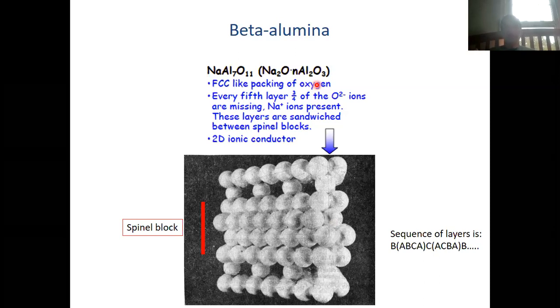Okay, so because the oxide ions are missing in layers, the ion conductivity also occurs in layers, and we have in this case a so-called 2-dimensional ionic conductor. Whereas in the previous example, in the alpha silver iodide, we had a 3-dimensional ion conductor.